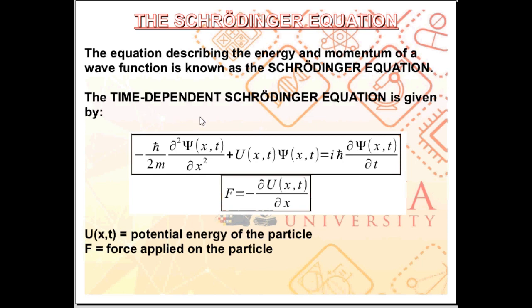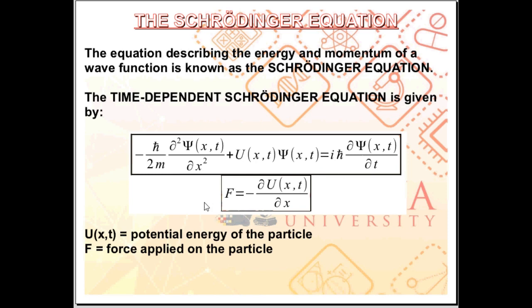The time-dependent Schrodinger equation is given by the following equation. Negative h bar over 2m, double partial differentiation of psi with respect to x, plus U times psi is equal to i h bar, partial differentiation of psi with respect to time.